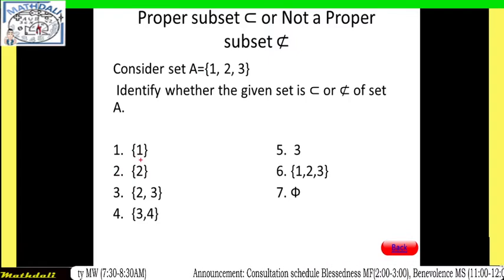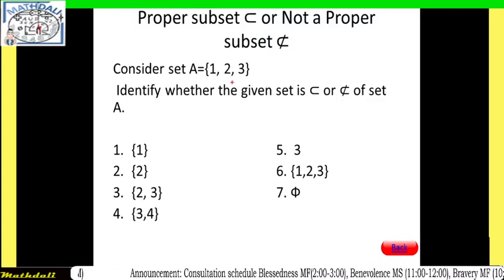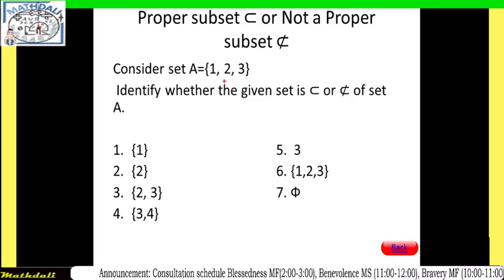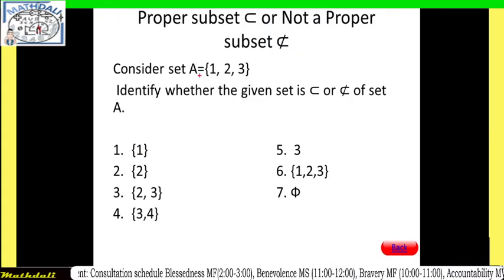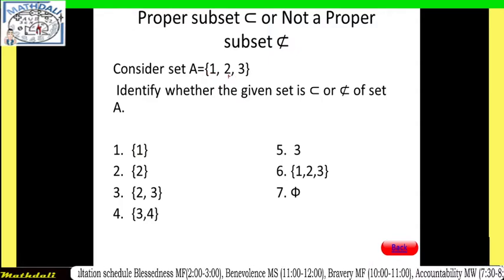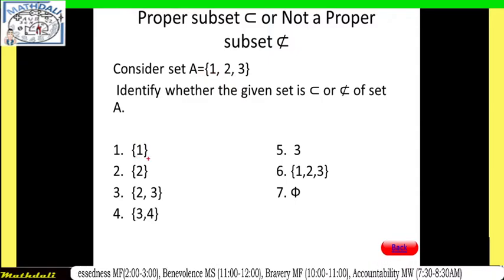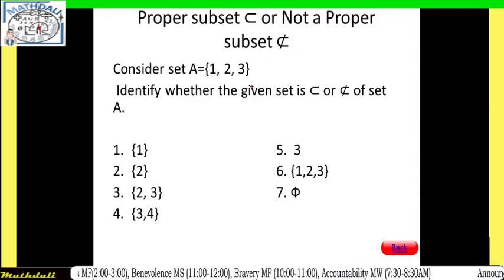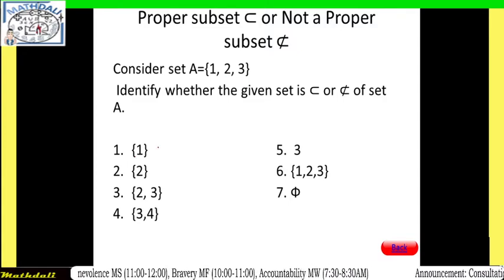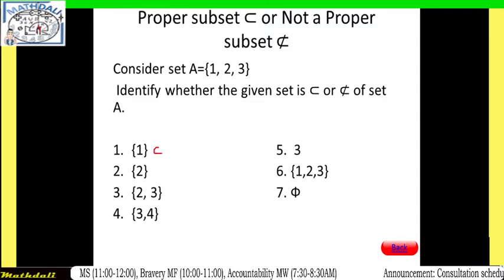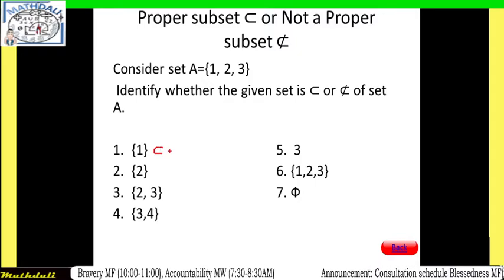Itong set ba na to, yung element ba na 1, makikita rin sa set A? Definitely, yes. Andito yung 1. Meron bang element si set A na wala dito sa given set? Ay, dito sa number 1? Meron yung 2 and 3. Definitely, this is a proper subset of set A. So, yan.